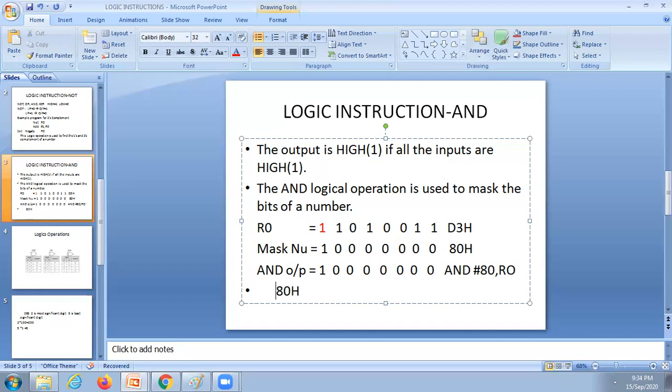So after the instruction, R0 contains 80H. It means that the most significant bit is 1. That is the purpose of this: you are going to use it for masking.